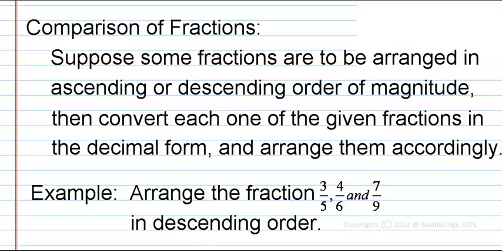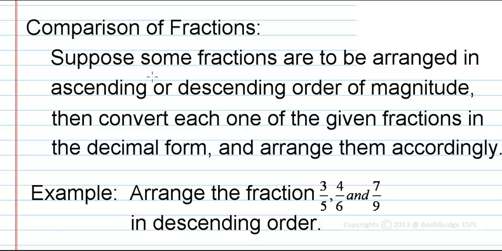Comparison of fractions. Suppose some fractions are to be arranged in ascending or descending order of magnitude, then convert each one of the given fractions into decimal form and arrange them accordingly.